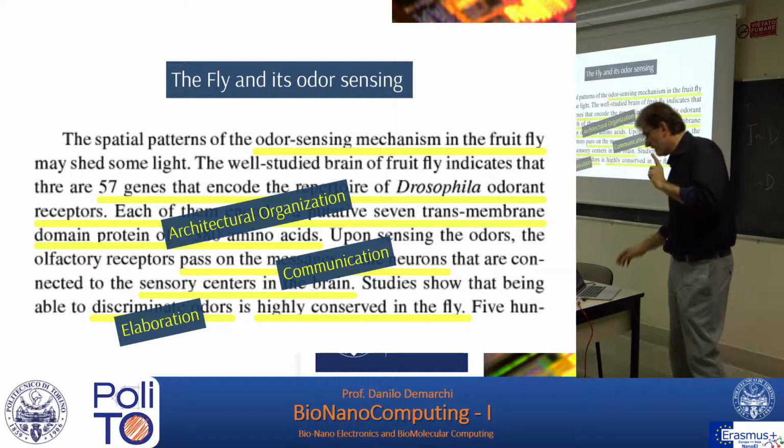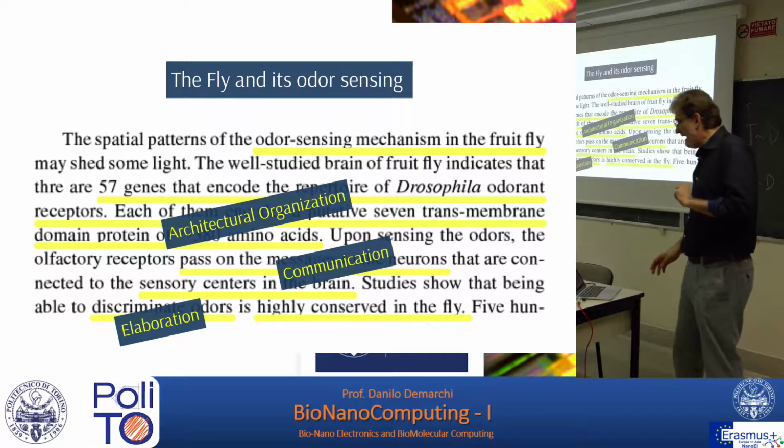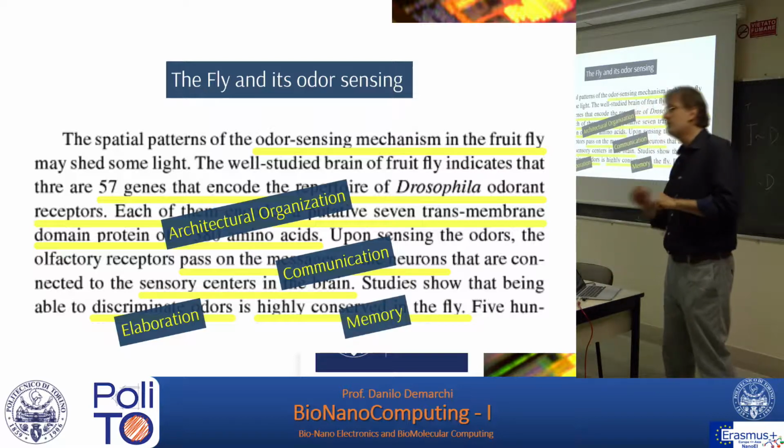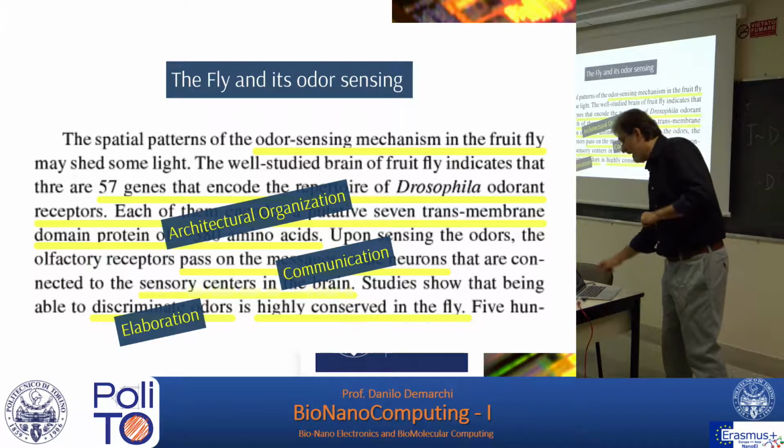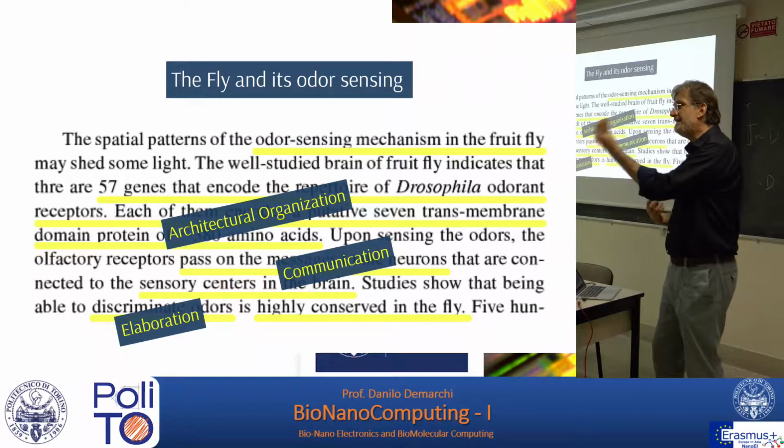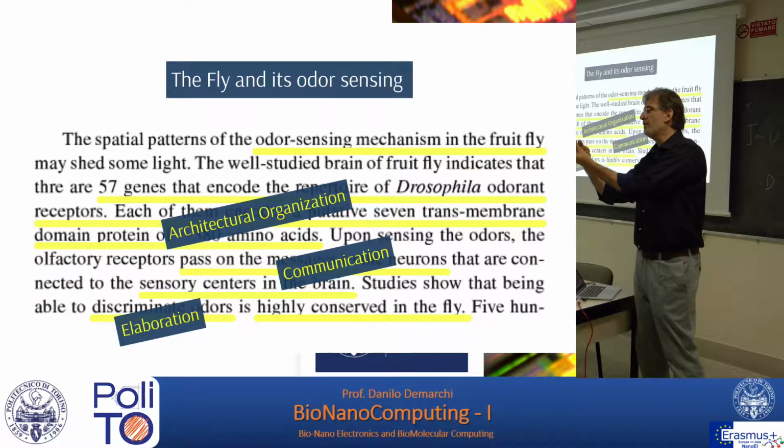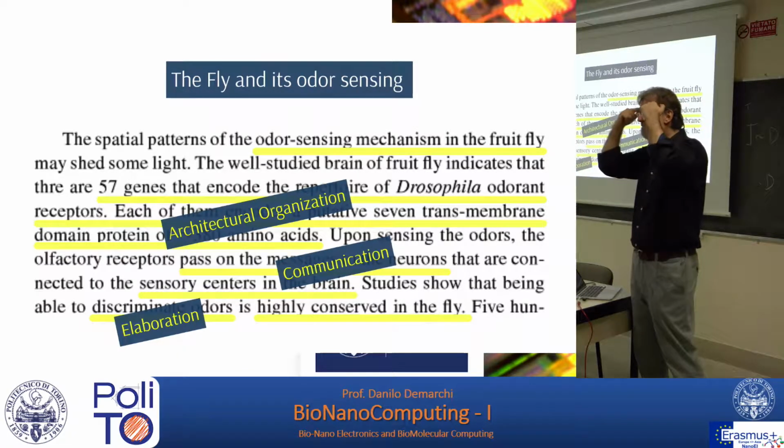So I have the elaboration and I also have a memory, because if I detect that this is the odor, I have an associative memory. I have some memory for remembering that this is the odor I want.